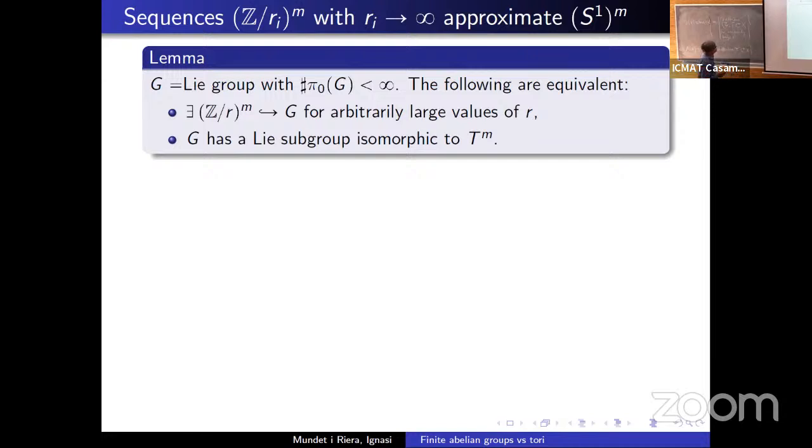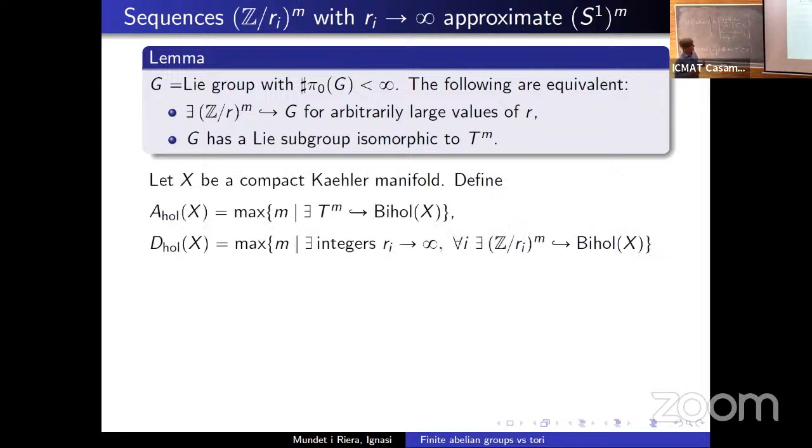Now, this can be used to prove an interesting result involving the analogs of these two invariants in the Kähler setting. So suppose that X is a compact Kähler manifold, then you can define the holomorphic analogs of A of X and D of X by imposing that the actions are not by homeomorphisms, but by holomorphisms.